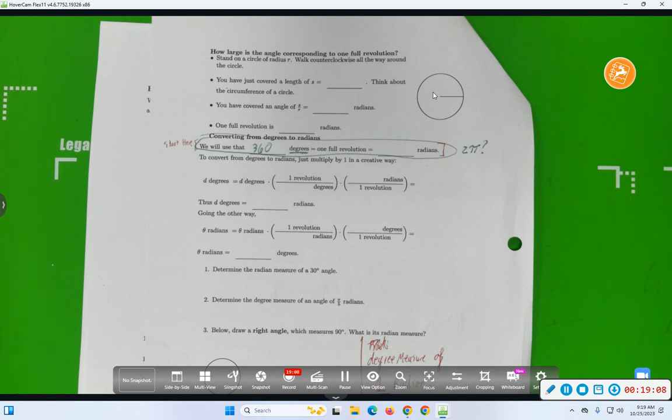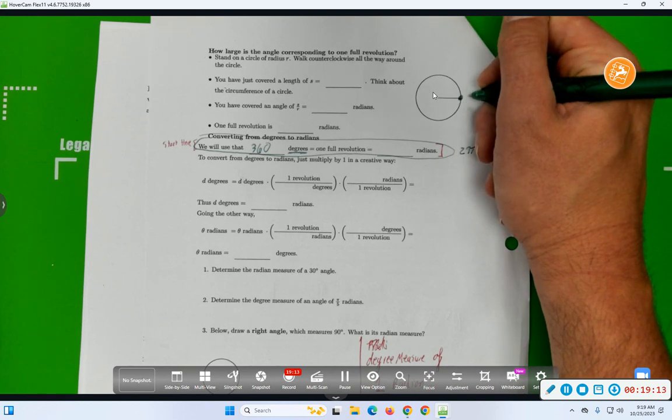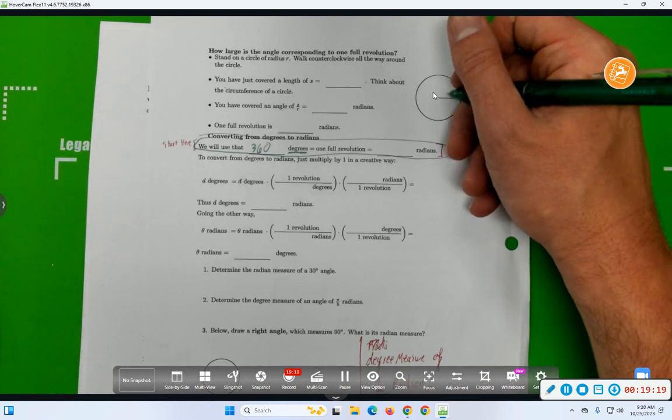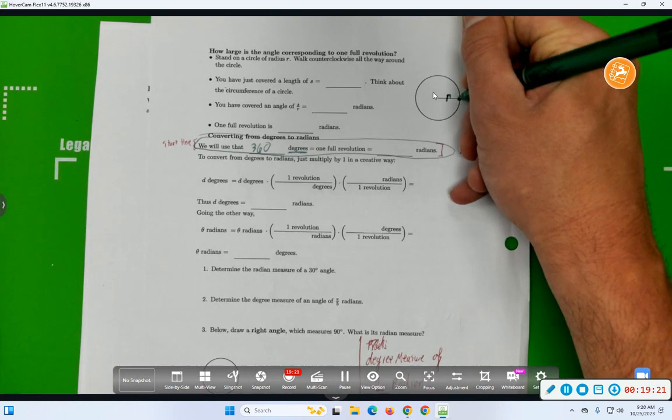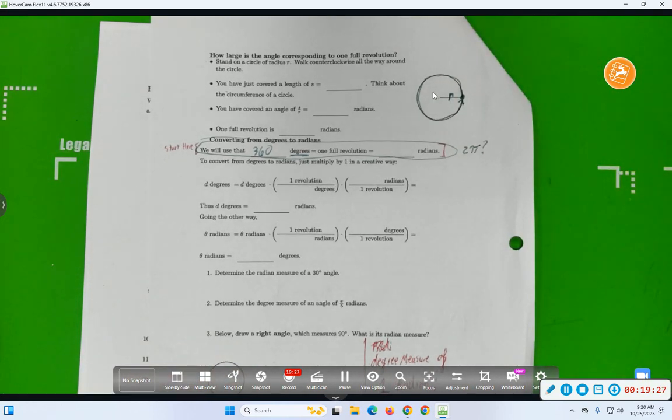Let's do that. So, let's figure out what 1 full revolution is. To do that, we'll start at the point (1, 0) on a circle of some radius. I'm not going to specify the radius. The radius will be r. Let's walk all the way around the circle. So that's 1 full revolution. I want to compute the radian measure of that angle. That means I need to do s divided by r. I know what r is. r is the radius. What's the circumference of a circle of radius r? 2 pi times the radius?